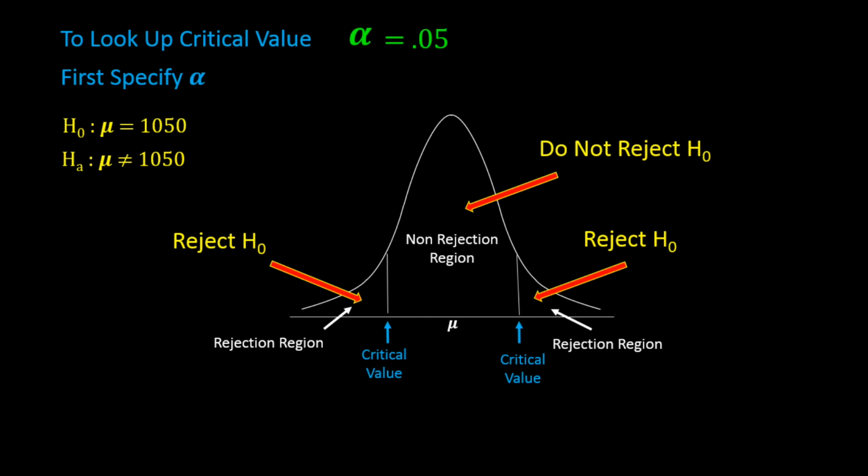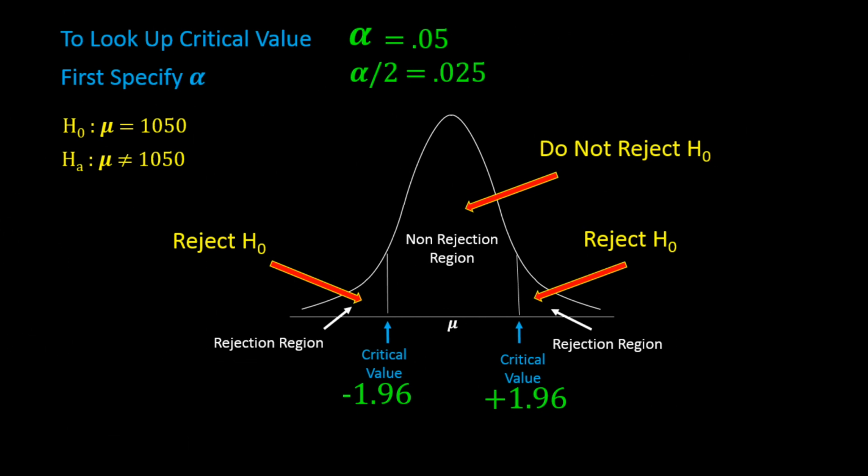Since the rejection region is divided into two tails, remember this is a two-tailed test, we need to split alpha in half, so alpha divided in half is 0.025. Looking this value up in the Z table, we would get 1.96. This value, plus and minus 1.96, is called a critical value.